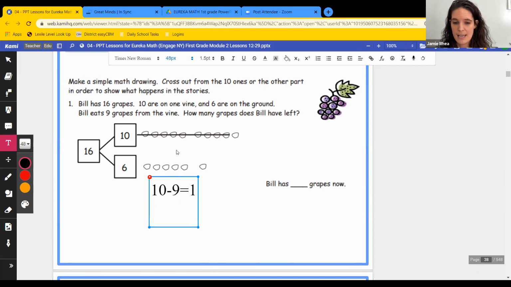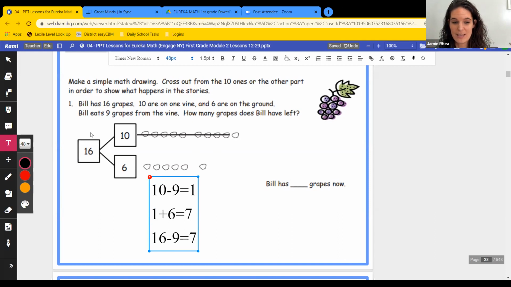Okay, then I have 1 plus, here's my 6, equals 6, 7. So I know that 16 minus 9 equals, look here, here's our 7. If you don't know that, 1, 2, 3, 4, 5, 6, 7.